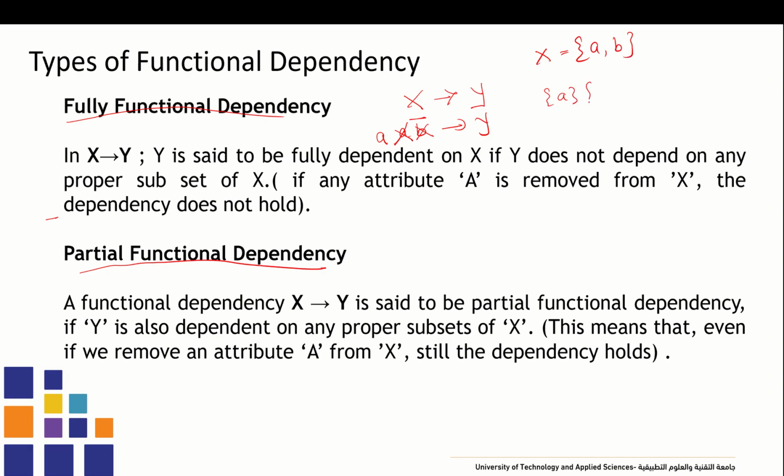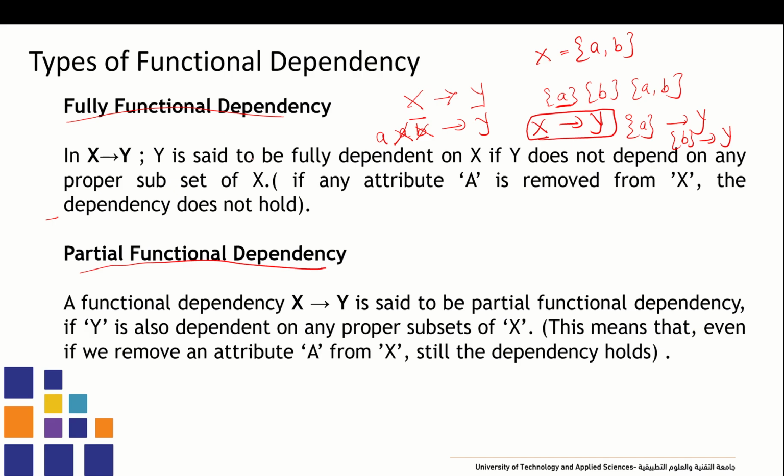It is A, B, and A comma B. Okay, so X determines Y should not be true for any proper subset of X. A is a subset of X, so A alone should not determine Y. B should not determine Y. In this subset, what is missing? B is missing. In this subset, what is missing? A is missing. So it should not depend on the subset. That is the meaning of fully functional dependency.